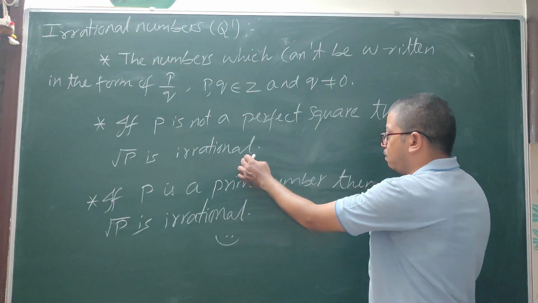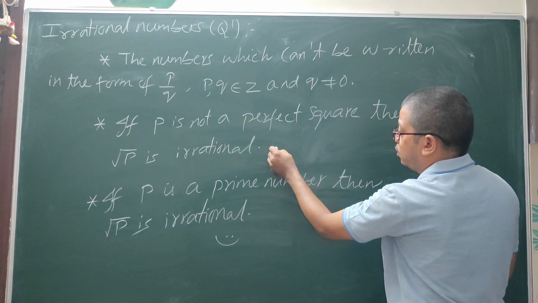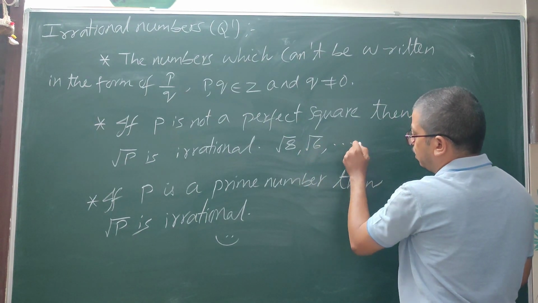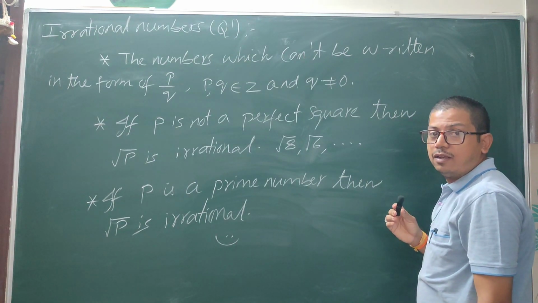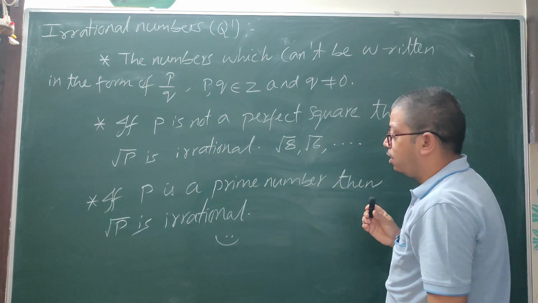So we can have some examples here. For the second definition, root 8, root 6, etc. Because 8, 6, etc. are not perfect squares, their square roots are irrational.